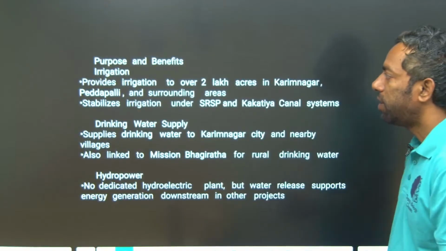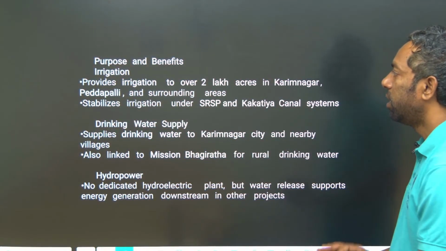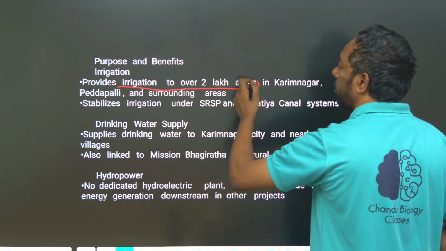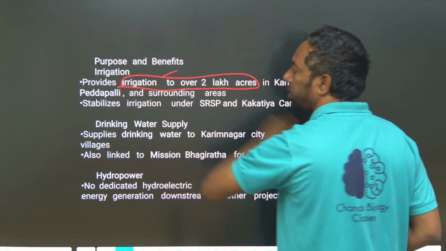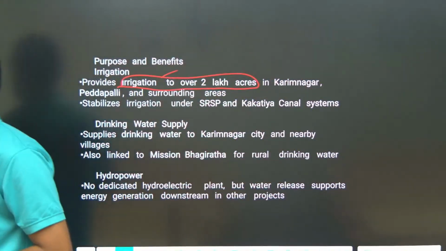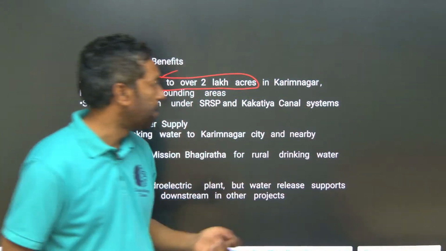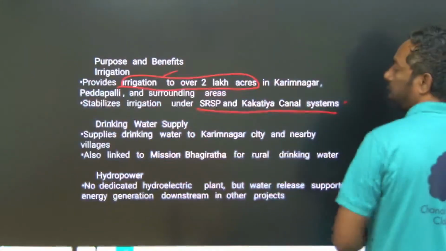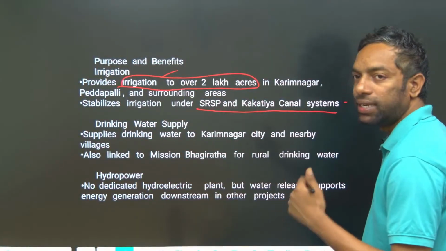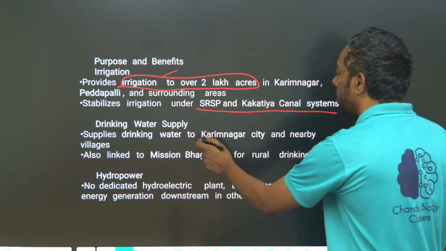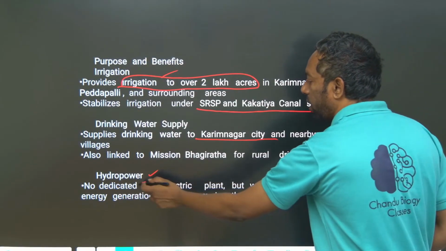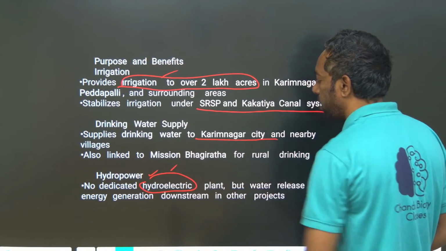Purpose and benefits: it provides irrigation for 2 lakh acres, stabilizes the SRSP Kakatiya canal, and supplies drinking water for Karimnagar city. Hydroelectric power is also there in the dam.